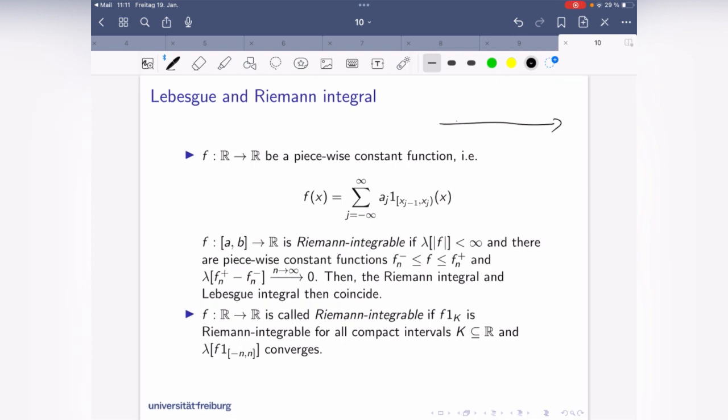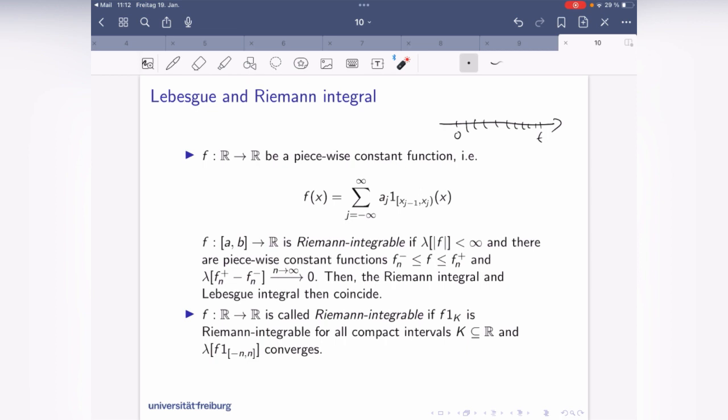You want to integrate something from 0 to t. And you do that by doing steps between x_{j-1} and x_j. That's just some partition of the interval 0 to t.